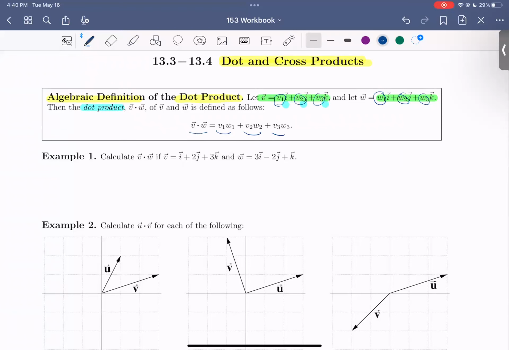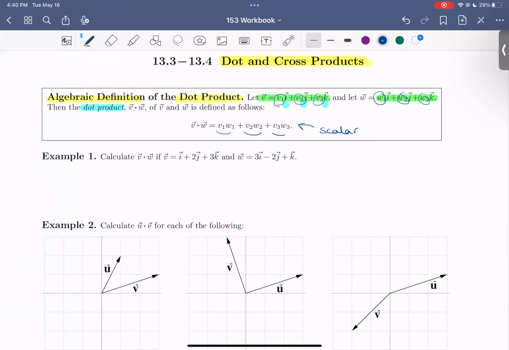All right, so notice that what we get in the end of a dot product is a number. So even though we started with 2 vectors, the output of the dot product is a number. We're just multiplying the components together, adding up, and we get a number.